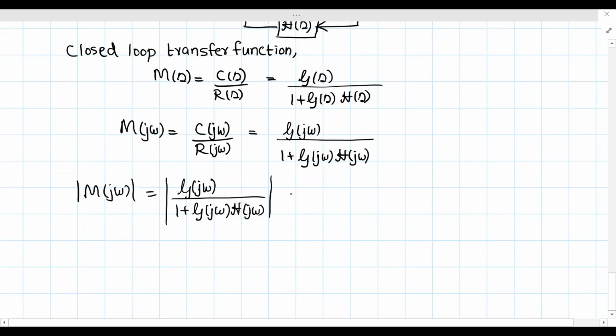Okay, or I can apply the mod separately to both numerator and denominator: mod G(j omega) divided by modulus of 1 plus G(j omega)H(j omega). Okay, and what will be the angle of M(j omega)?